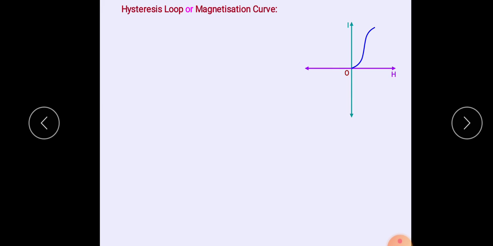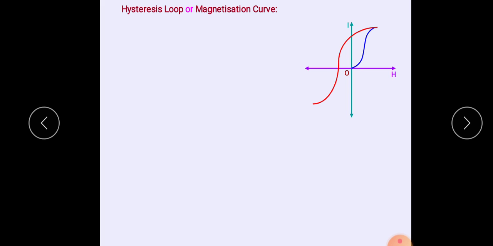If we increase the magnetic field from 0 to higher values in the positive direction, then the magnetization will increase as shown by the blue graph line. If the field is decreased, when the magnetizing field becomes 0, some intensity of magnetization, or you can say some magnetization, still remains in the sample.